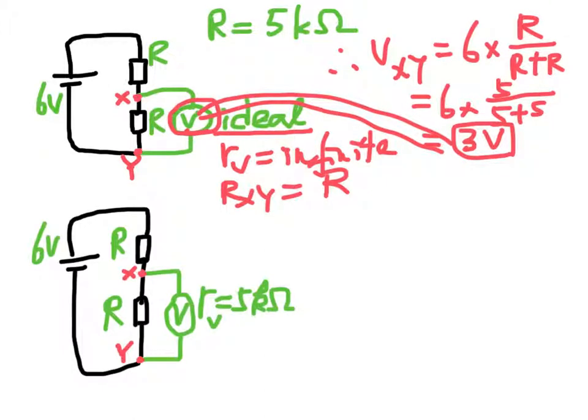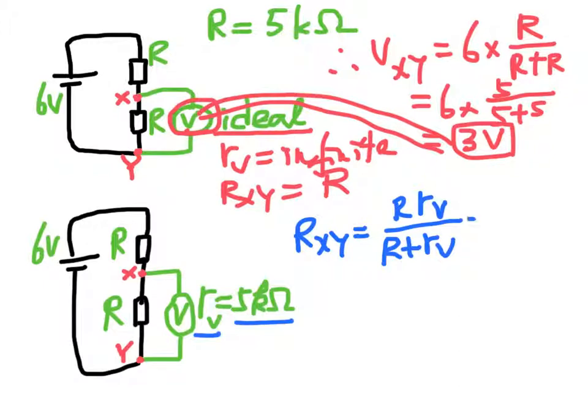If the voltmeter is not ideal, but has an internal resistance of 5 kilo ohm, then the resistance across XY is equal to R times RV over R plus RV, which is 5 times 5 over 5 plus 5, equal to 2.5 kilo ohm.